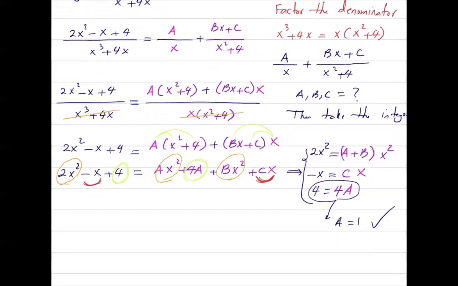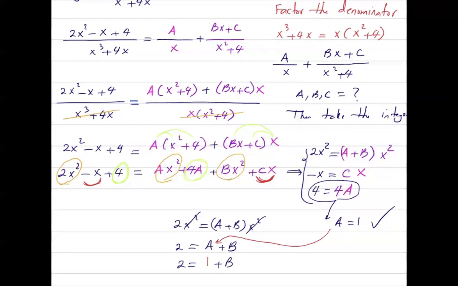I found A. I can take a look at my first equation. From the first equation, 2x squared is equal to (A plus B) x squared. I don't have any issue with x squared and x squared. It says 2 is equal to A plus B, but we know that A is equal to 1. Just substitute that here. So you get 2 equals 1 plus B, or B is equal to 1.